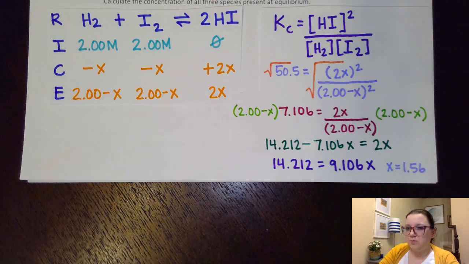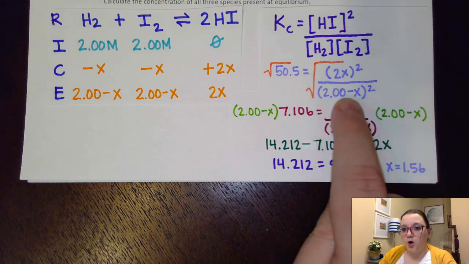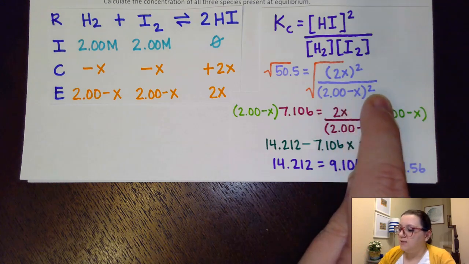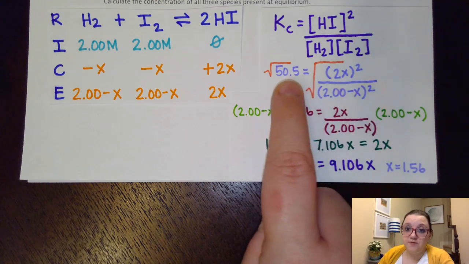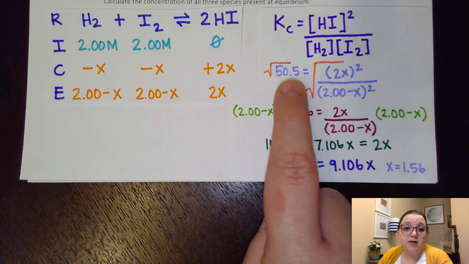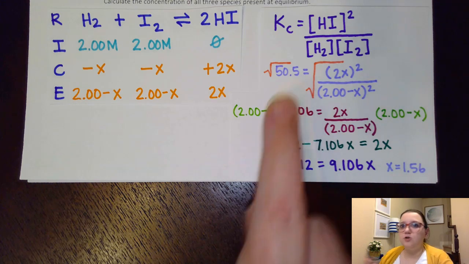So when I multiply 2.00 minus x times 2.00 minus x, that would be that term squared. And then I set what I wrote here in light purple equal to 50.5 because we said that's what our Kc value would be.